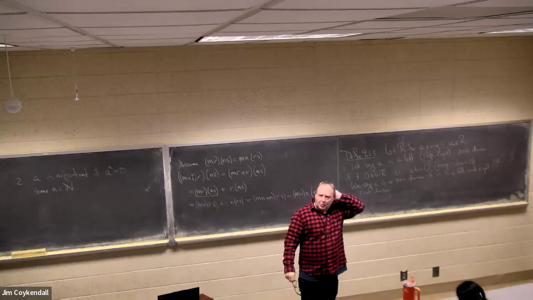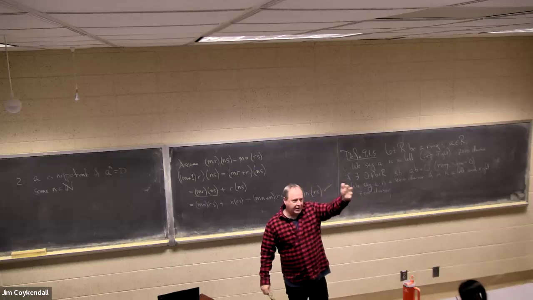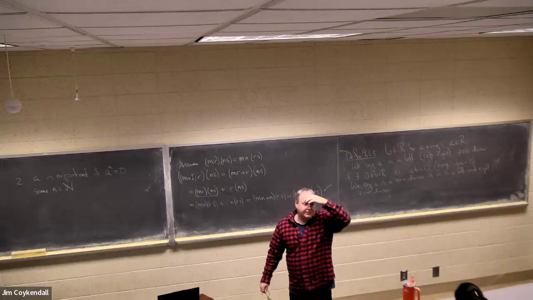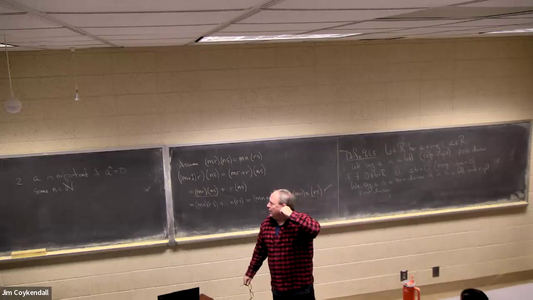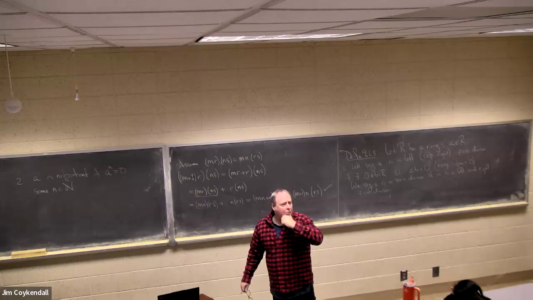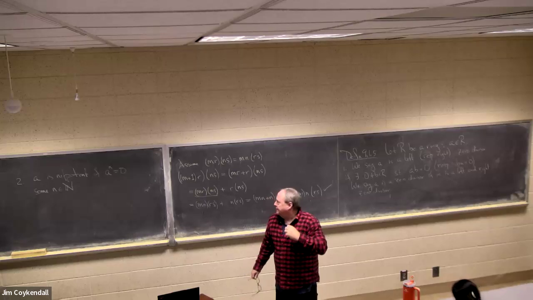Notice that any nilpotent is a zero divisor, because, for example, if A squared is 0, A is both a left and right zero divisor. I count 0 also to be a nilpotent element as well.